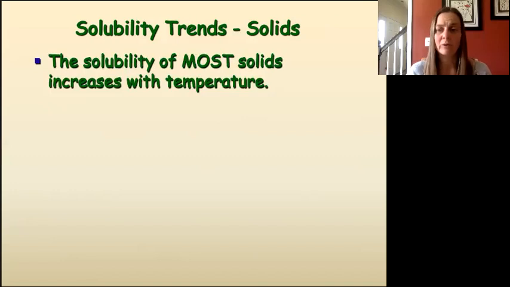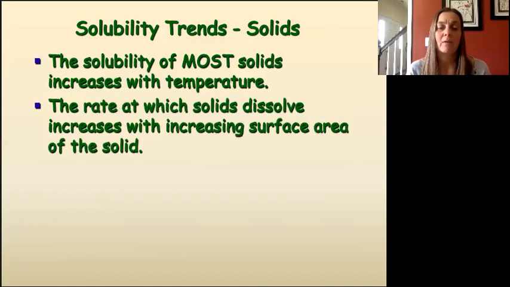The rate at which solids dissolve increases with increasing surface area of the solid. So it's easier to dissolve a spoonful of sugar than it is to dissolve a sugar cube. The higher the surface area, the more contact between the solvent and the solute, and therefore the faster it's going to dissolve. This doesn't change solubility.